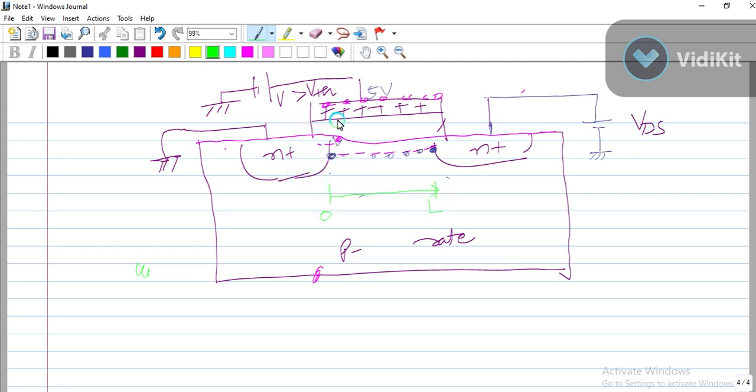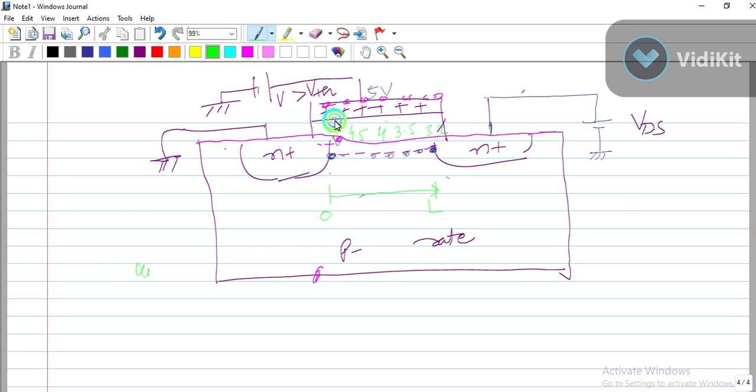Let's consider 5, then 4.5, 4, 3.5, 3, 2, like this.